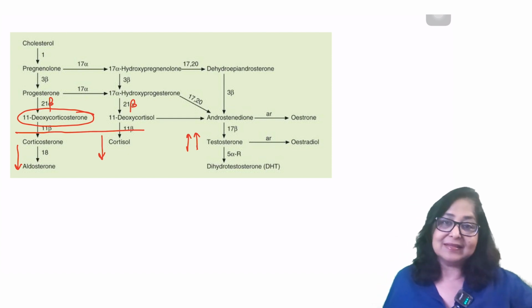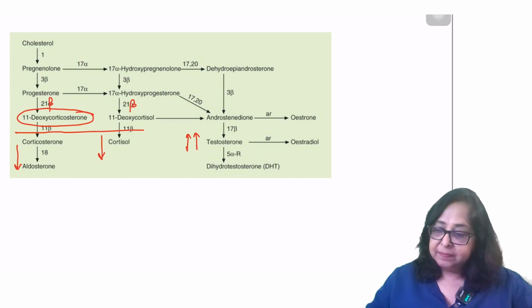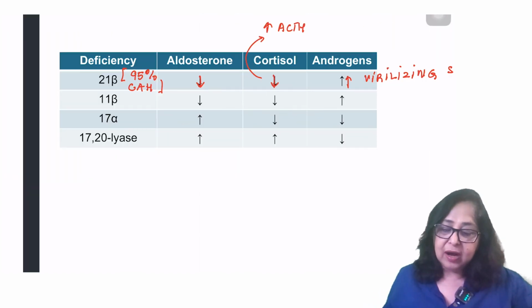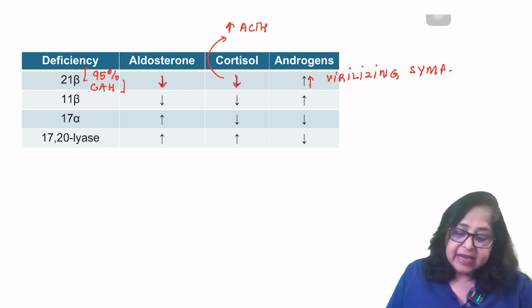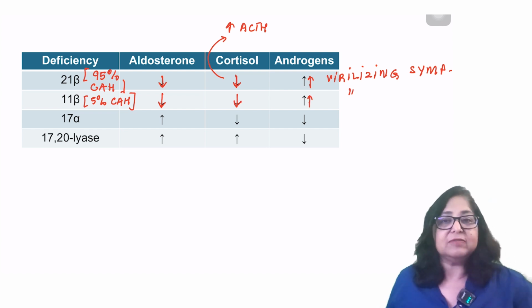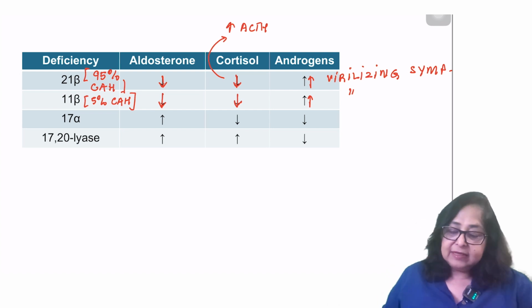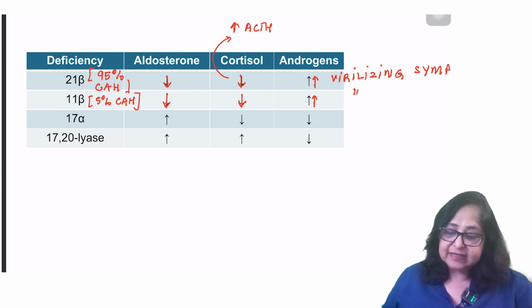I will just discuss. So going back to our table here, if there is 11-beta hydroxylase deficiency, this is 5% of patients of congenital adrenal hyperplasia. Similar clinical picture, a decrease in aldosterone, decrease in cortisol, excess androgens, and responsible for virilizing symptoms. Let's have a look at the 17-alpha hydroxylase.